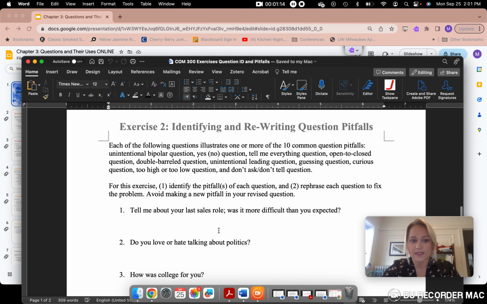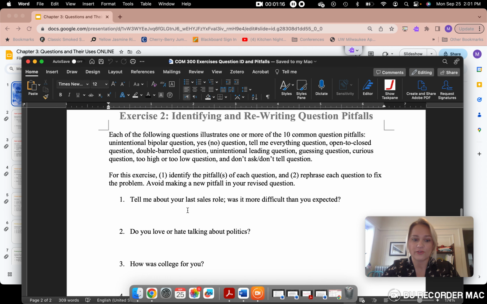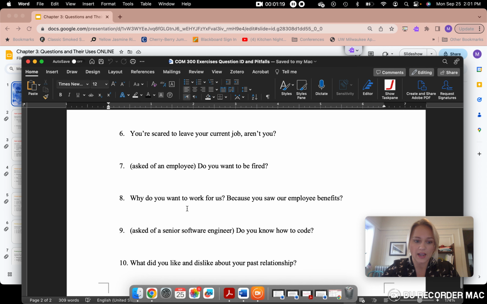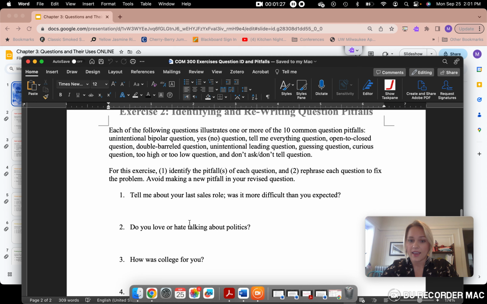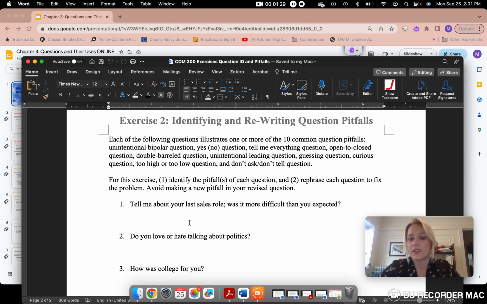For the second exercise, you're going to fill out each of these. There's 10 questions that I want you to identify, and you're looking at the question pitfalls. There is something wrong with each of these 10 questions, and each of them commits one of the 10 common question pitfalls that I have listed on the assignment.